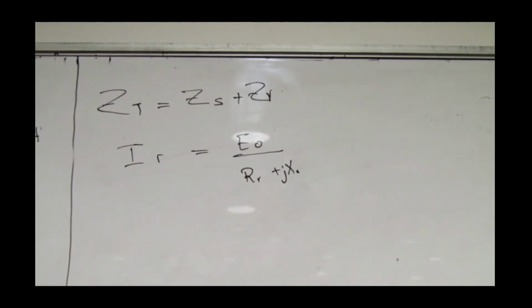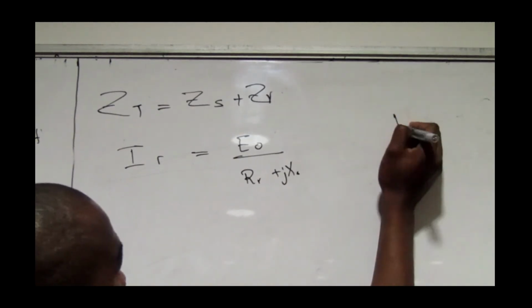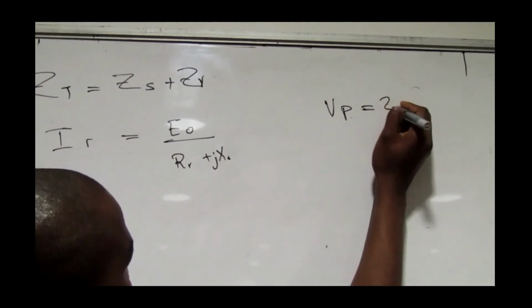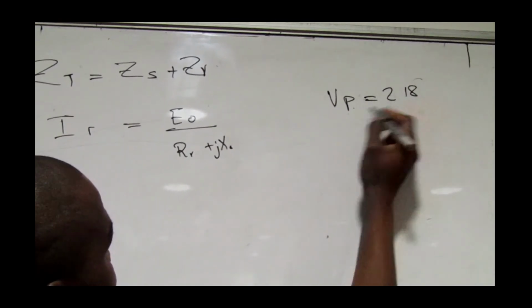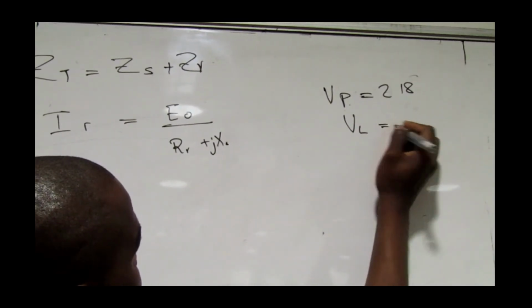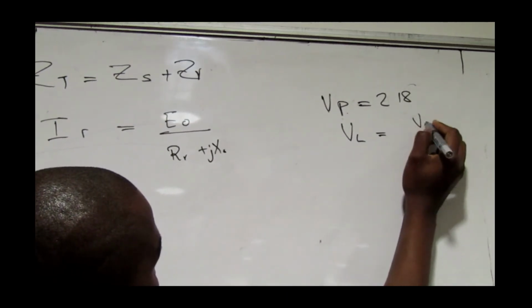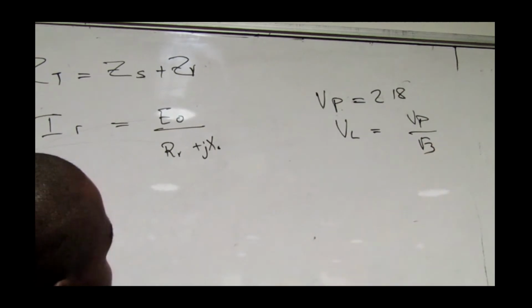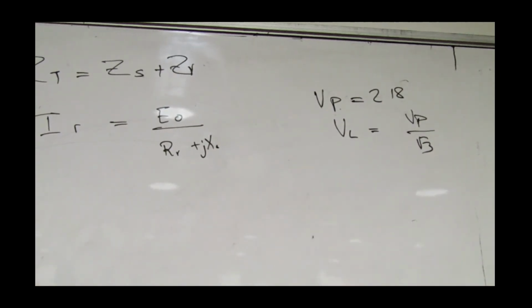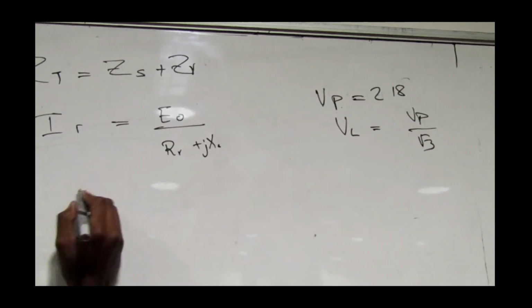And guys, remember that our voltage, VP, is given as 218 volts per phase. So if we need it per line, V per line is going to be VP divided by √3. So let's just get to it.